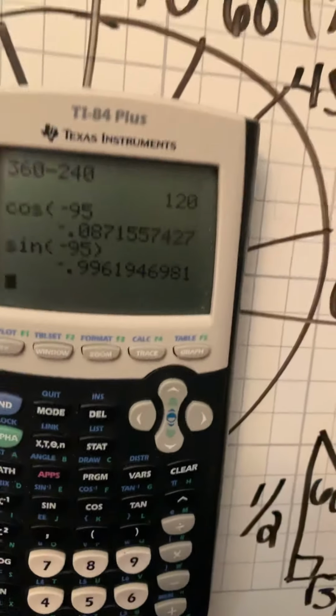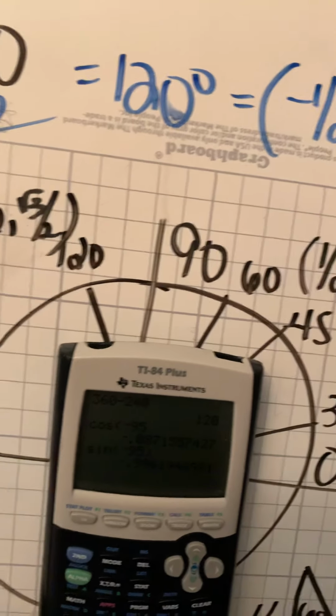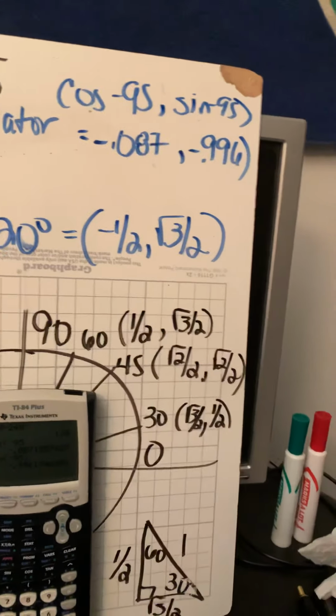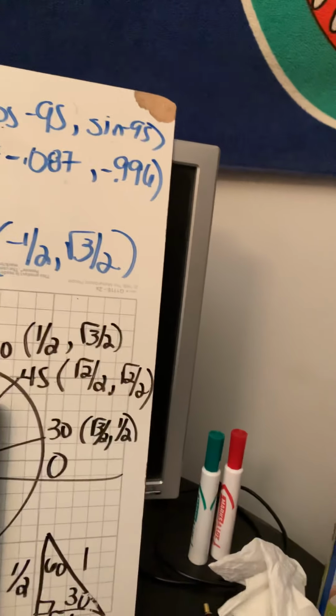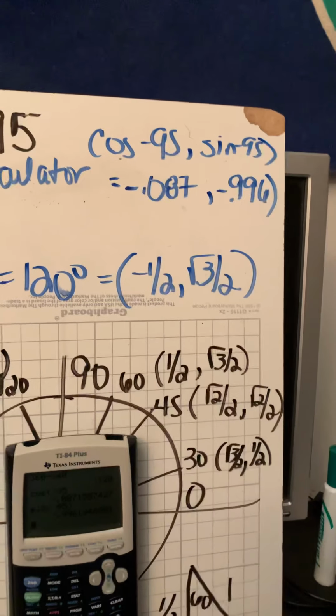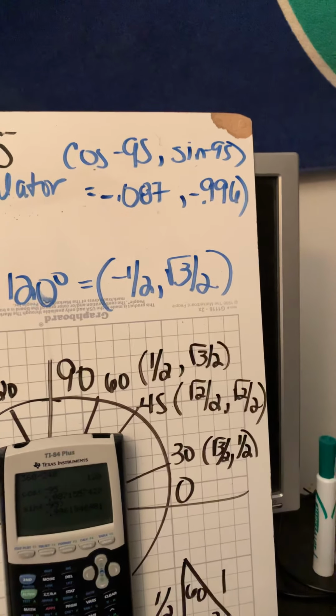And I get negative 0.996. So that's what it's looking for when they just want the calculator values. You just type them right into your calculator, and then you just give me the decimals. Also, make sure that you are rounding correctly on those.